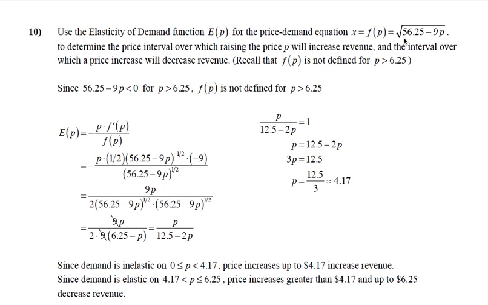So because 56.25 minus 9p is under a radical, we know that the price p cannot be greater than $6.25, because that will make this radicand, which is the term for an expression under a radical, negative, and we can't take the square root of a negative.